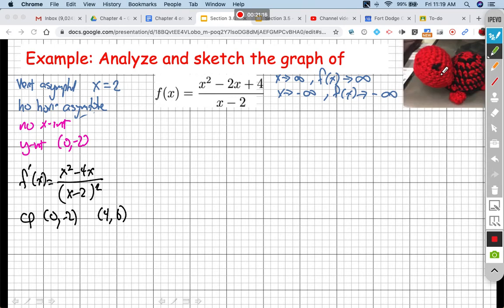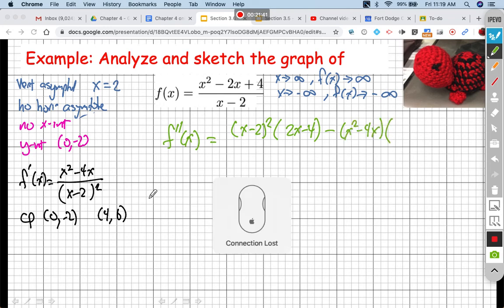Now let's go to our second derivative. So again, second derivative, I'm going to have to use my quotient rule. So I'll get x minus 2 squared times the derivative of the top, which is 2x minus 4, minus x squared minus 4x times the derivative of the bottom. Now, bottom, I'm going to need chain rule.